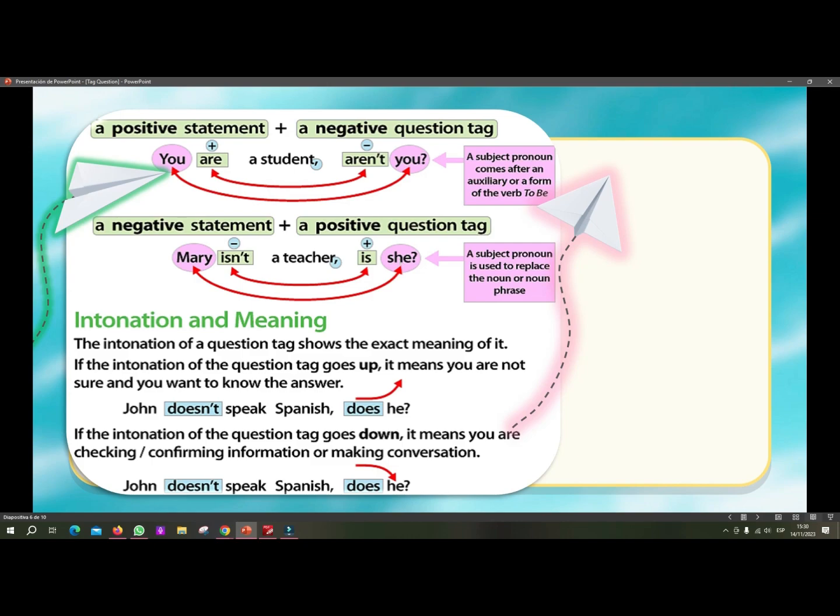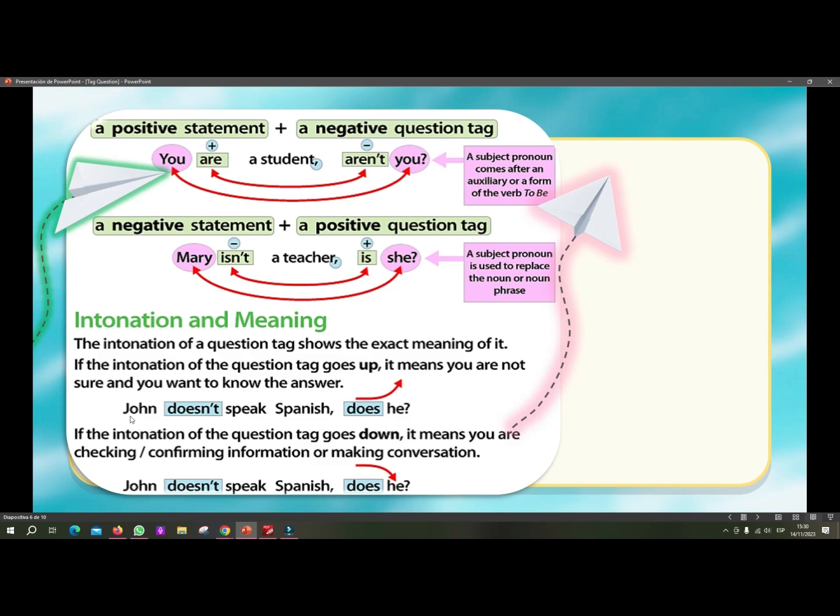Intonation and meaning. The intonation of a question tag shows the exact meaning of it. If the intonation of the question tag goes up, it means you are not sure and you want to know the answer, right?